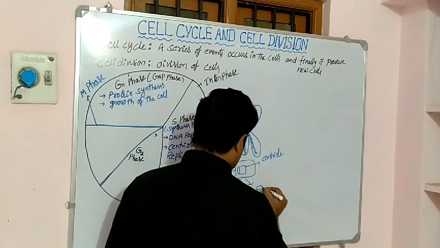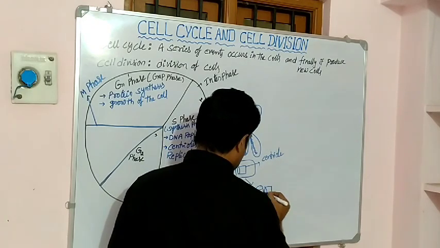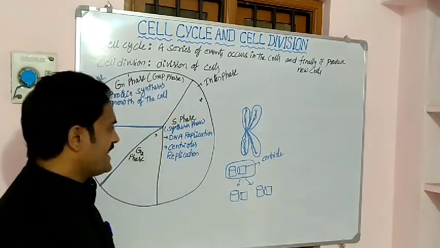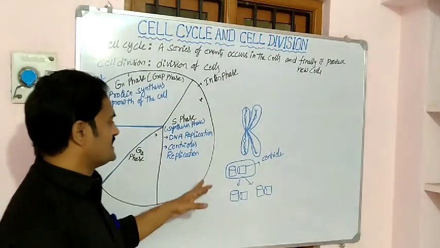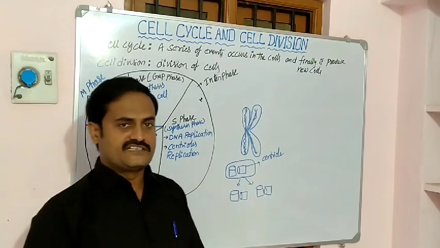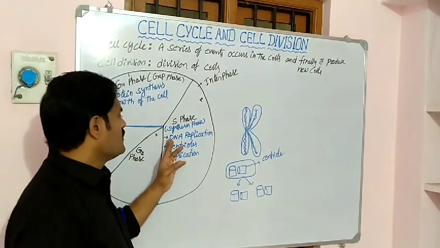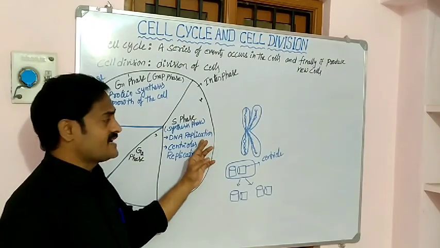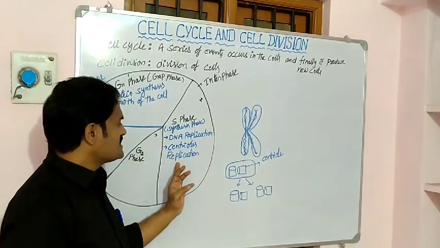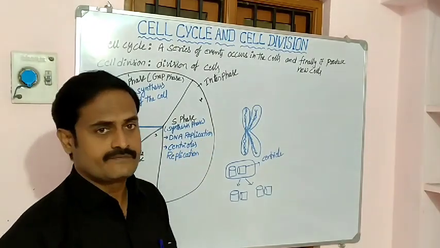This kind of process is called centriole replication. See, what are the major functions in the S phase? One is DNA replication and the second one is centriole replication.